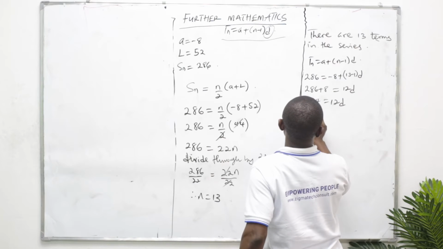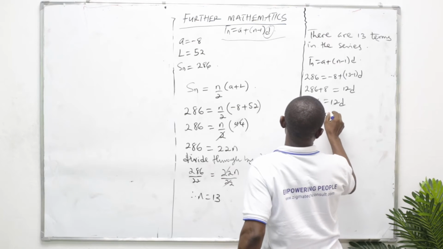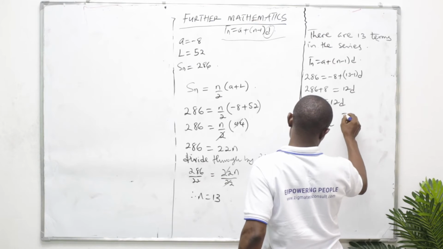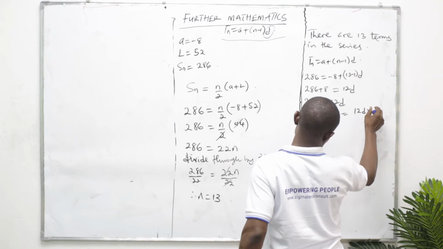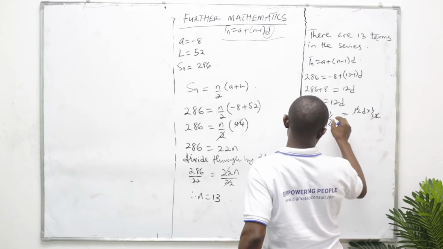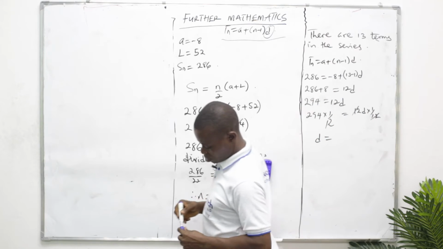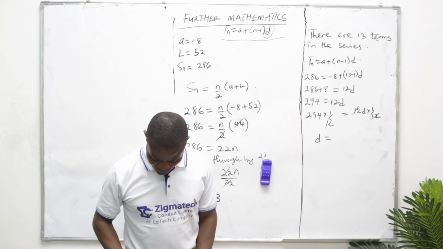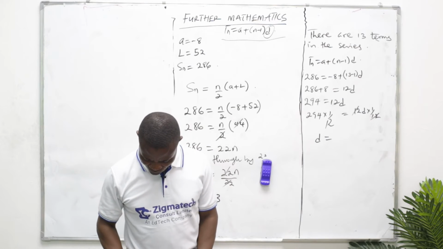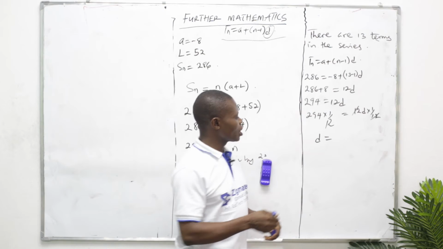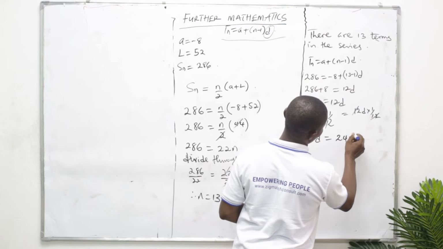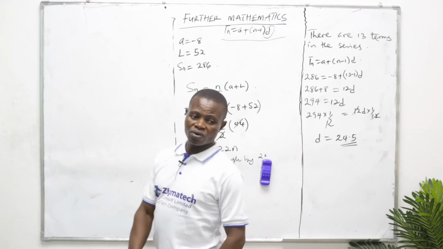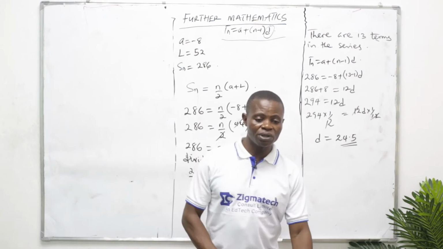So if I multiply through by the multiplicative inverse of 12, that is 1 over 12, d now equals 294 over 12. d is 24.5. This is the common difference in this question, 24.5.